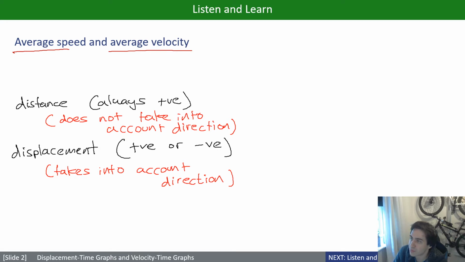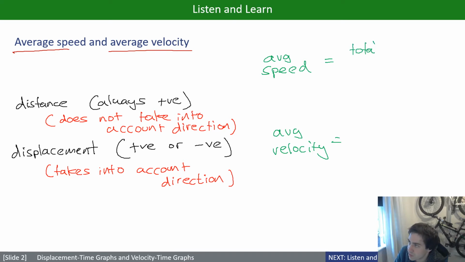So then let's define average speed and average velocity. They're probably what you expect them to be, but just be aware of the difference. So the average speed is your total distance divided by your time taken, right?